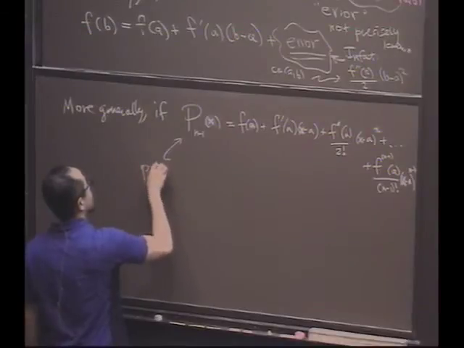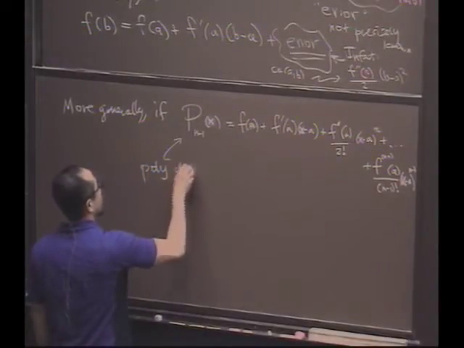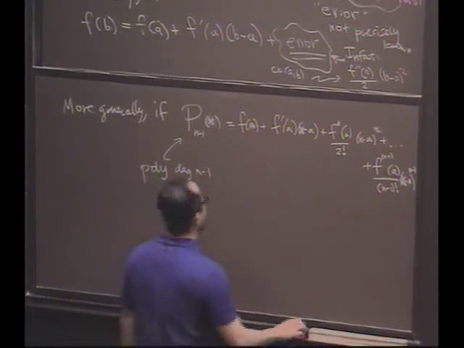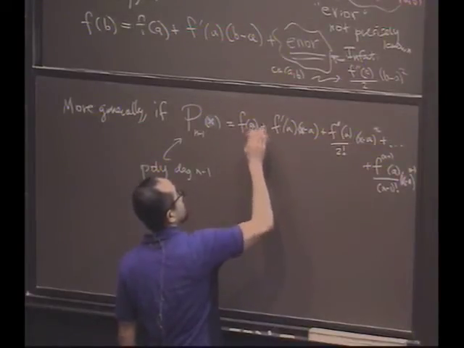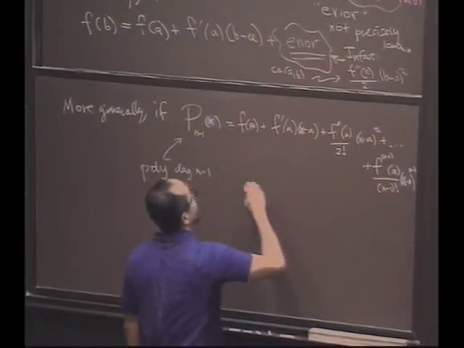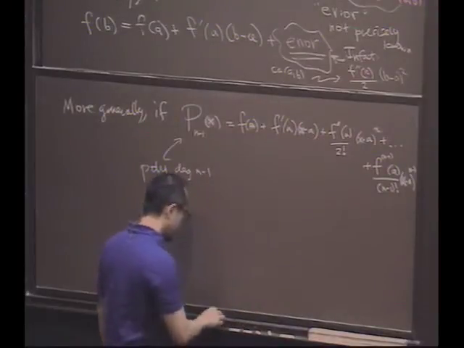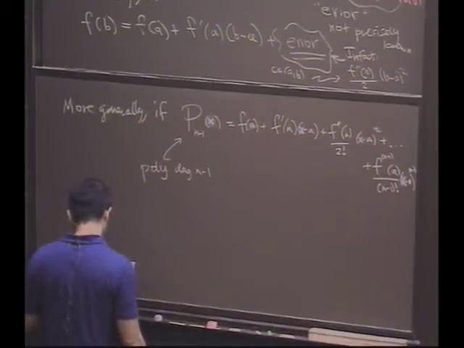And what's its degree? Good. N minus 1. Very good. And what's the dependence on a? Well, notice, in order to figure out what the coefficients are, this is really a polynomial in x minus a, and the coefficients all involve the value and derivatives at a.